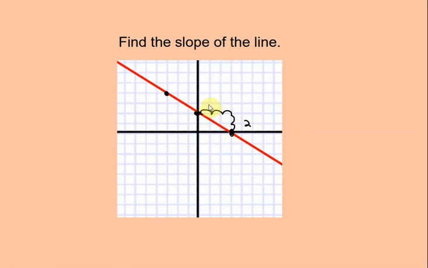But I'm going to the left, so that's a -3. I rose up, so it's a +2. I went to the left, that's a -3. So my rise over run, or my slope, is 2 over -3. A positive divided by a negative is a negative, so my slope is a -2 over 3, or -2/3.